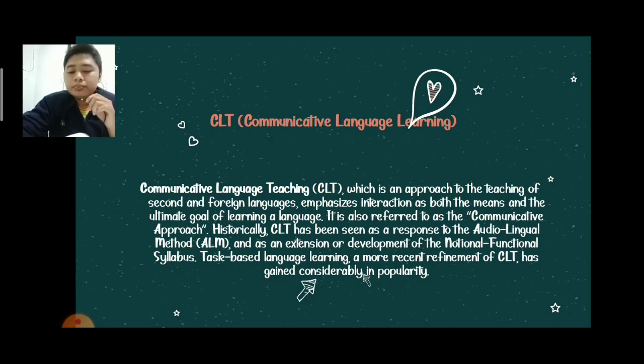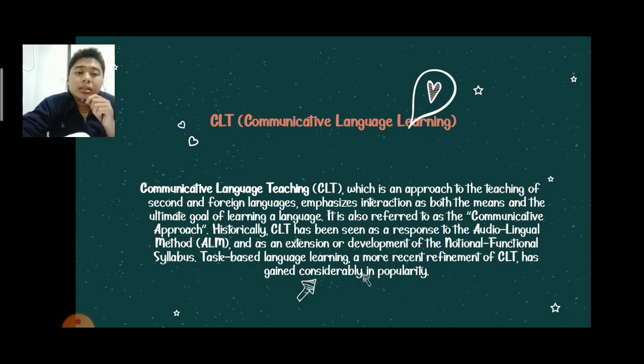Like in the book, communicative language teaching has two main strengths. The first is that language is not just bits of grammar, bukan hanya fokus di grammar. It also involves language functions such as inviting, agreeing or disagreeing, suggesting, and others. So communicative language learning, in my opinion, is a learning method that focuses on communication.